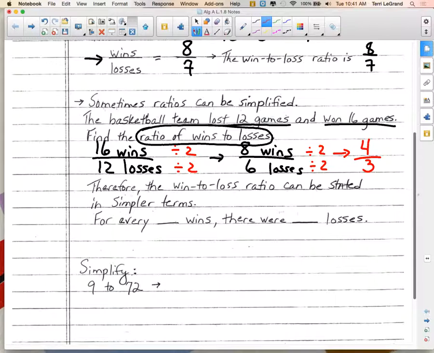Does our answer make sense? Why is 4/3 reasonable? So it's been simplified. Okay, well, we can pat ourselves on the back that we know how to simplify a fraction. Because for every 4 wins, there were 3 losses.